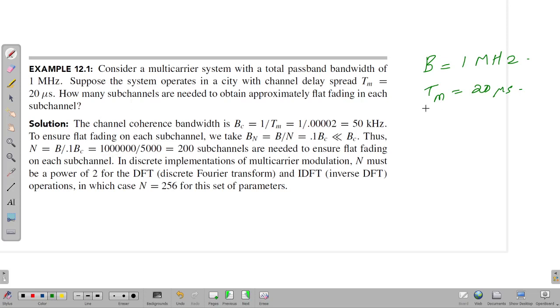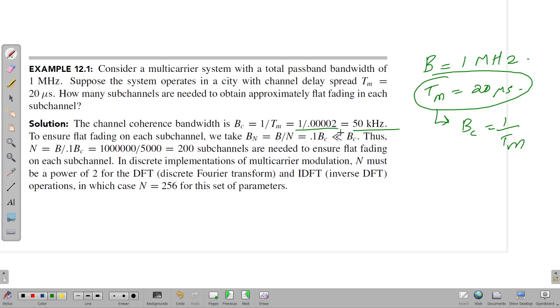From the channel delay spread, we are able to find the coherence bandwidth, Bc, which is equal to 1 divided by Tm, that is 1 divided by 20 microseconds, which is 50 kilohertz. So 50 kilohertz is the coherence bandwidth.